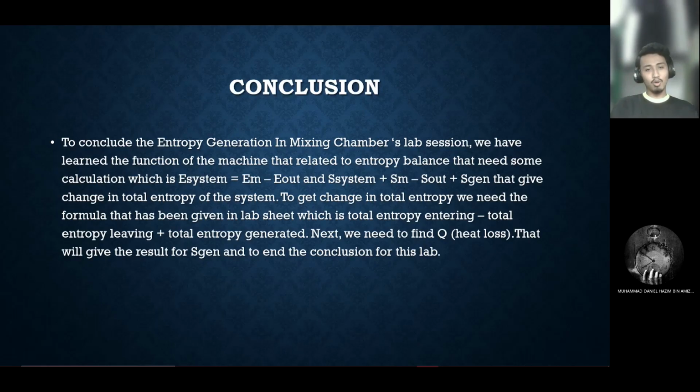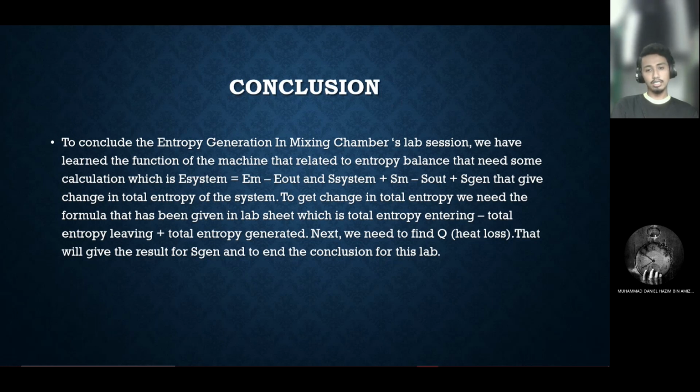To conclude, in the entropy generation in mixing chambers lab session, we have learned the function of the machine related to the entropy balance, which needs some calculation: E system equals E in minus E out, and S system equals S in minus S out plus SGen, which gives the change in total entropy of the system.